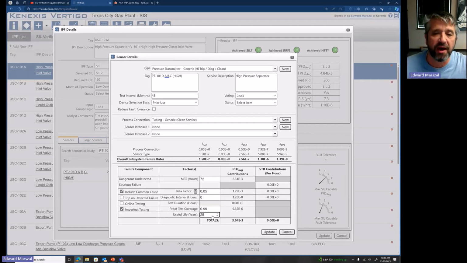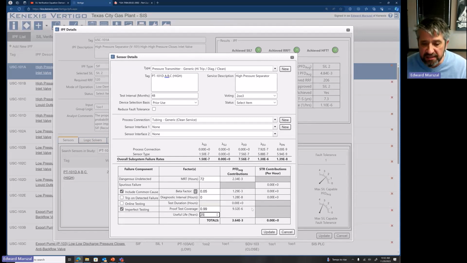That good as new term basically resets the clock. It says, if I'm good as new, my probability of having a failure is 0. So that's only going to happen once every 25 years. And even if I'm testing the device once a year, once every 2 years, once every 5 years, there's a portion of the dangerous undetected failure rate that's going to continue to accumulate over the entire life of the device.